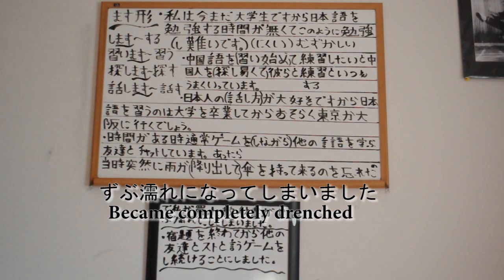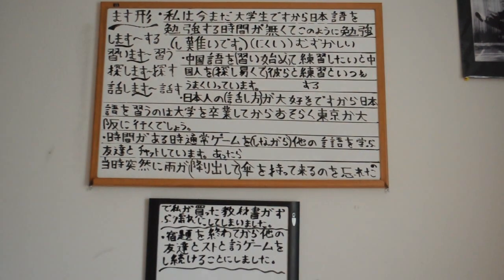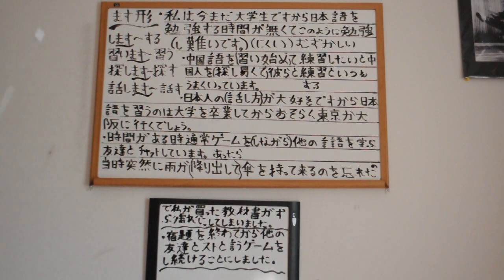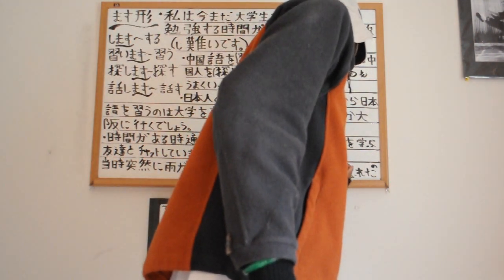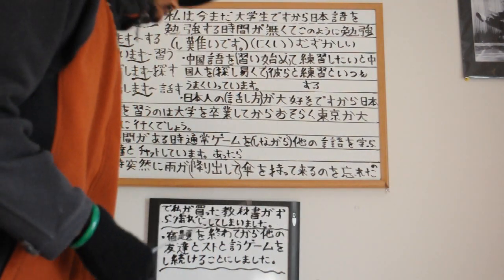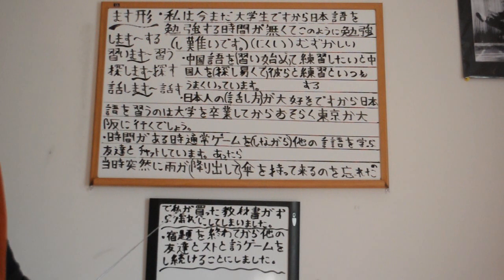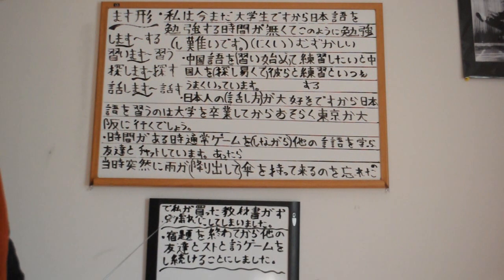Okay, we have some errors here. Have to fix some things. All right. First of all, I'm missing something on my wasureru. Should have this on the top. All right. Now, wasureta no de watashi ga katta kyokasho ga zubu nure ni.